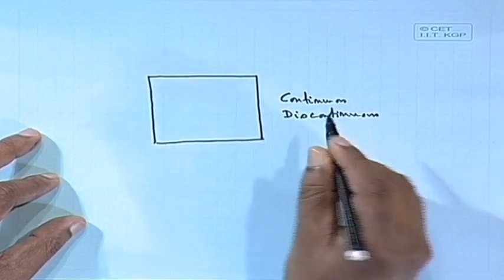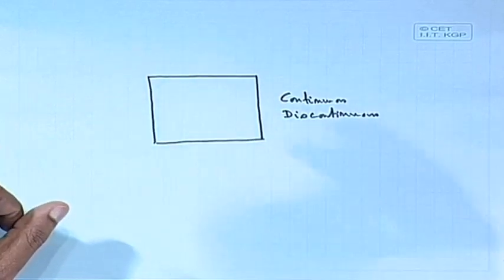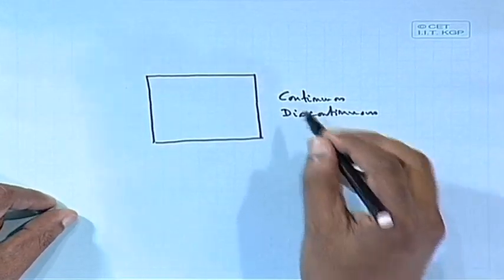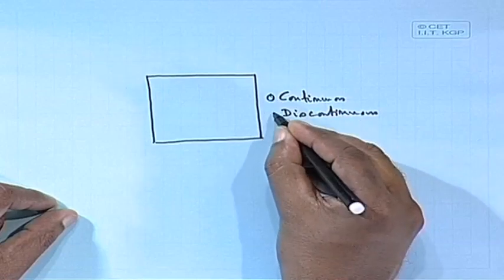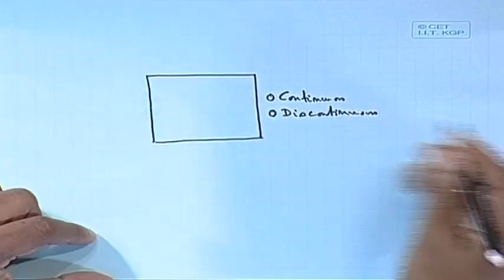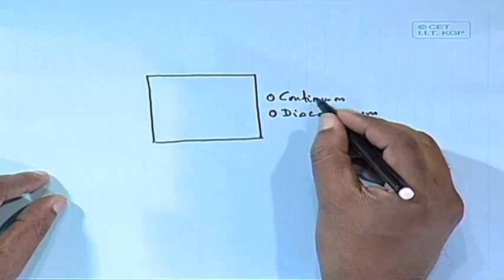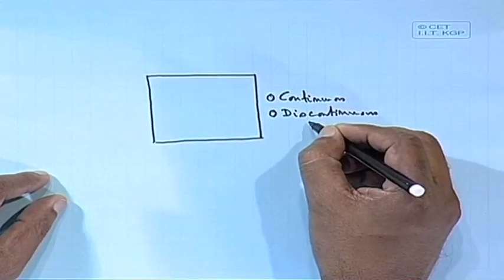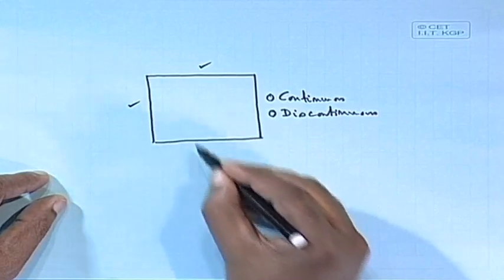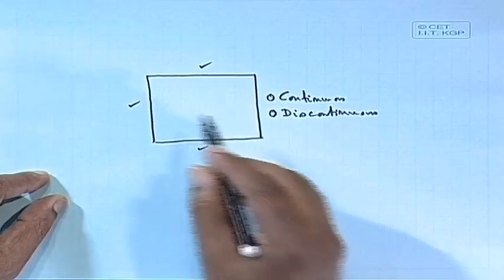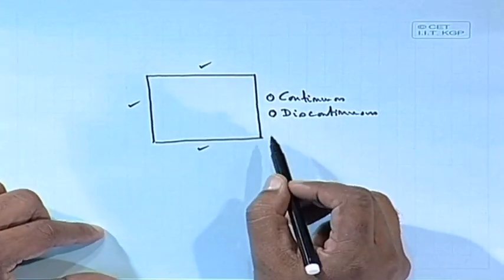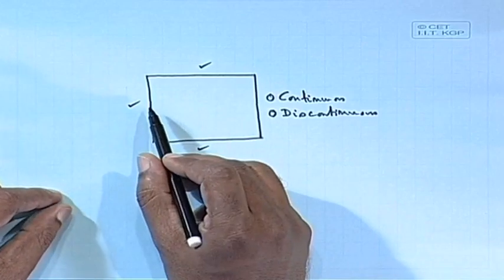I need not specify which case, and this could be a radio button. I am trying to make it a little bit computer aided. So only one of them, either continuous or discontinuous, for this edge, this one also, this one also, and we can specify the lengths Lx and Ly.